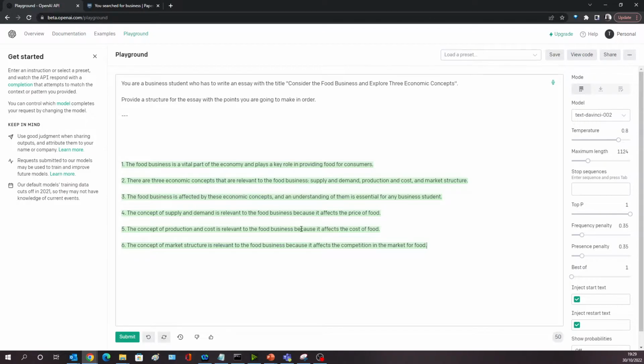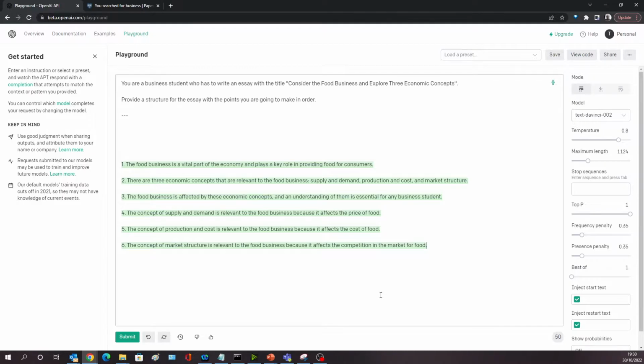And you may look at this, there will be food expert business people in here who are thinking these are not the best way of going about this, but essentially the economy, economic concepts, how these are relevant to business students, supply and demand, a key business topic, I know, production and cost, and the market structure.